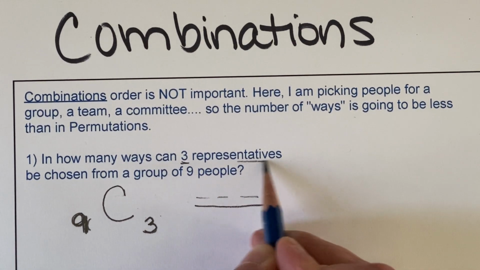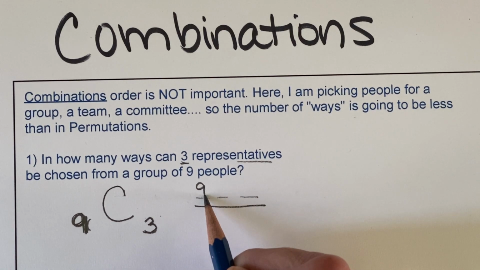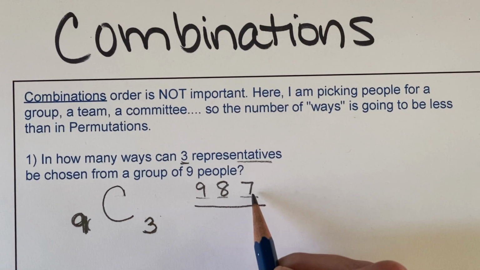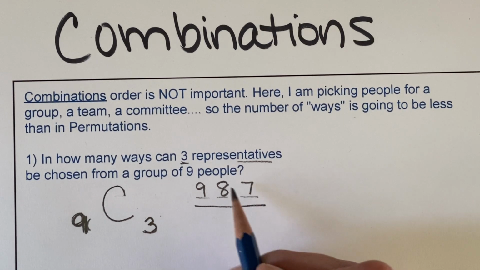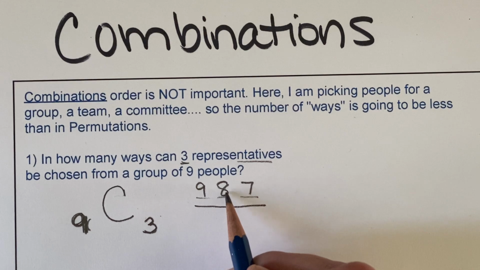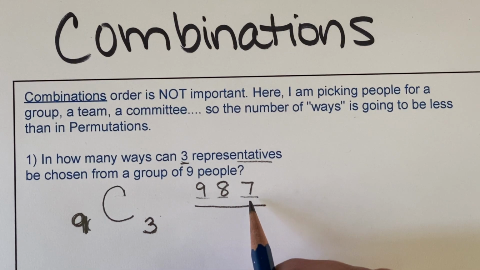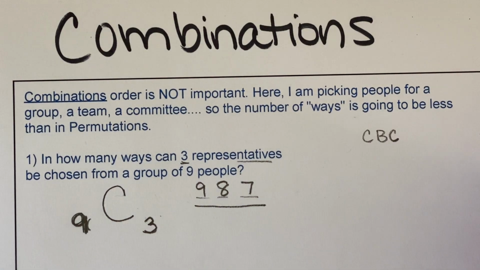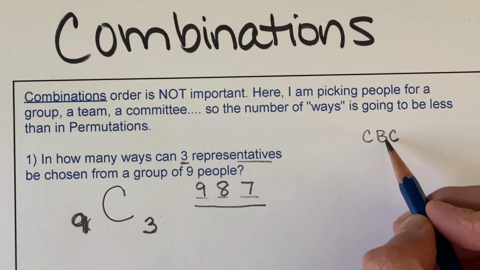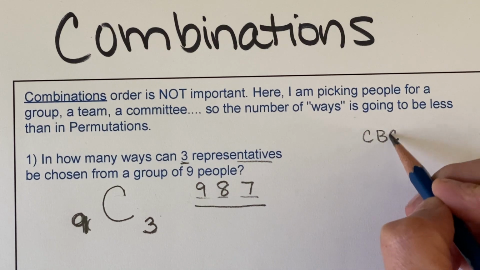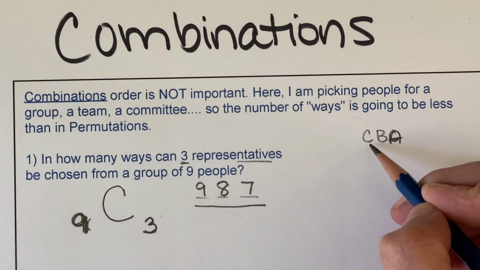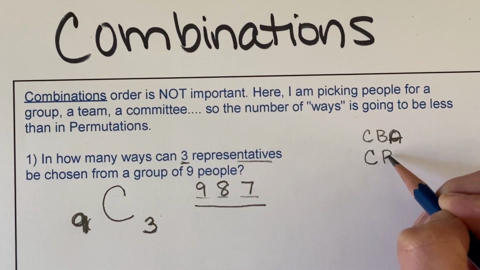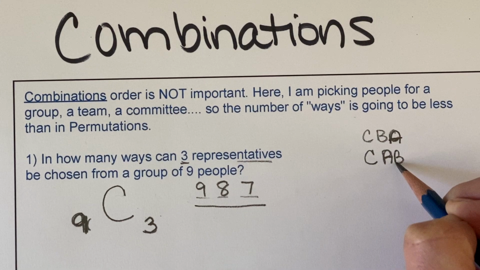I'm picking 3 representatives. I could pick 9 people first, then 8 people, then 7 people. But if you think about it, if I choose Charlie, Bobby, Anna, those are the same 3 people if I choose Charlie, Anna, then Bobby.